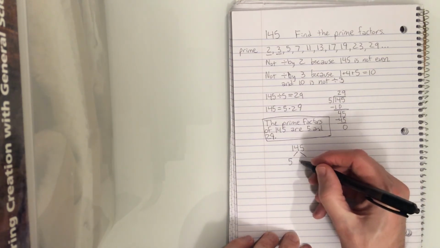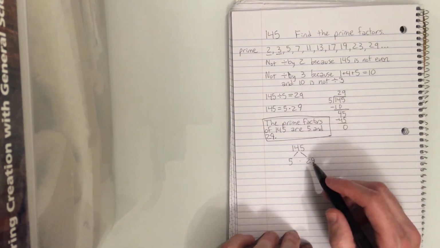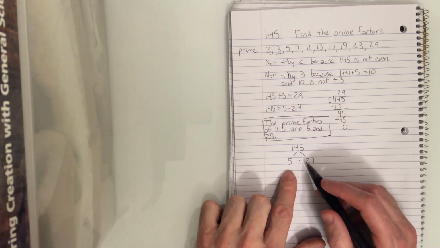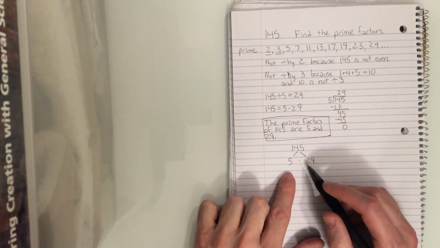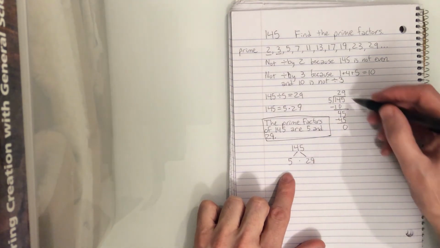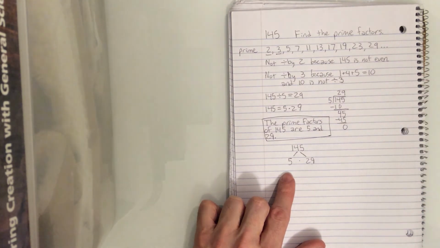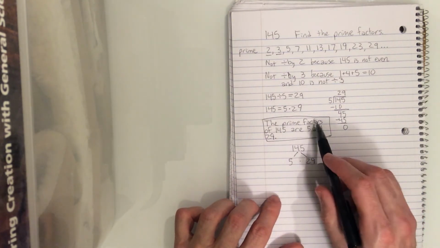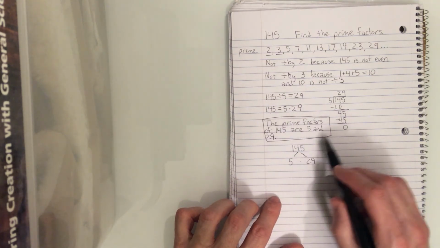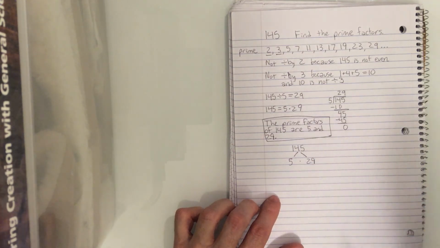And 5 times 29 equals 145. So our tree is short in this case because there are only 2 prime numbers, and that's it. But you would maybe need to do your side work still in the same way where you do long division. But in any case, you get this same solution that 145 has prime factors 5 and 29.